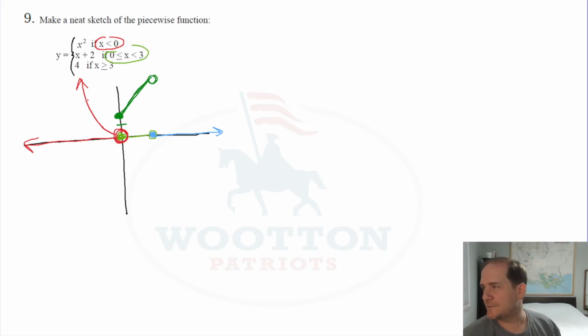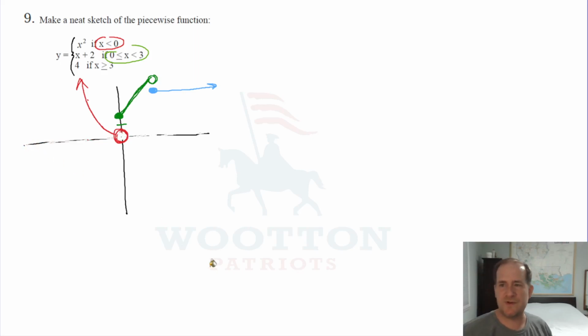And then lastly, in blue, 4 is just a horizontal line, and remember this guy's up at 5. So 4 would start here, it would be a solid dot, and it would go this way. So those three pieces make our piecewise function, and all the stuff I put down here on the x-axis would go away, because we were just using that as a temporary guide.